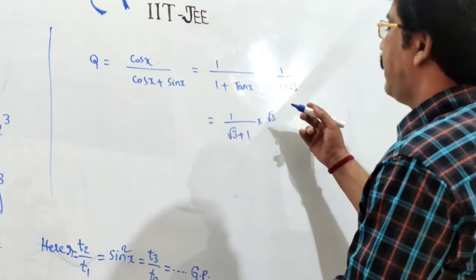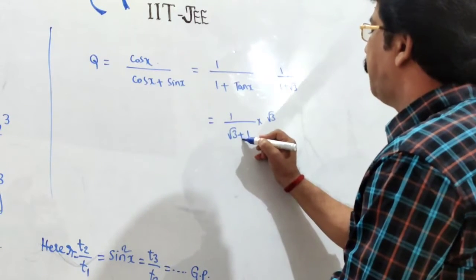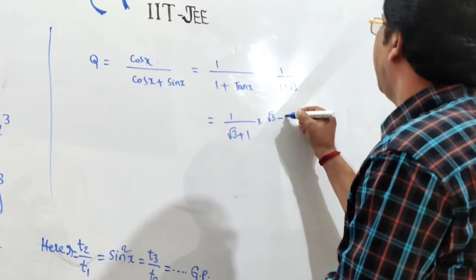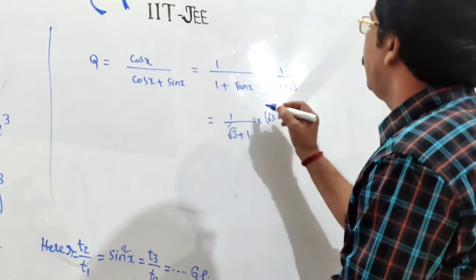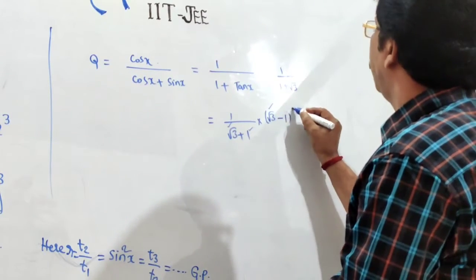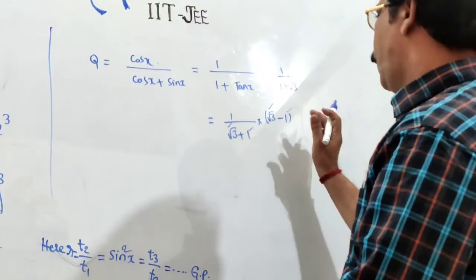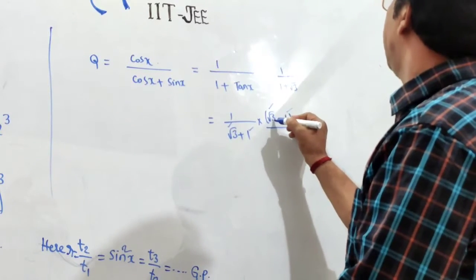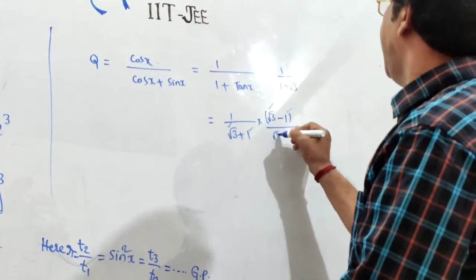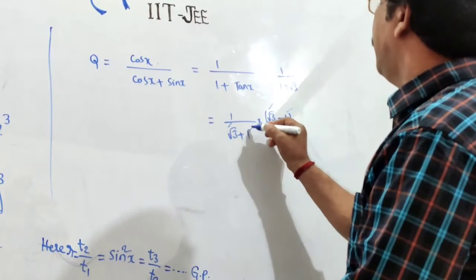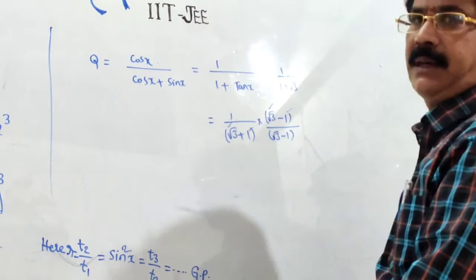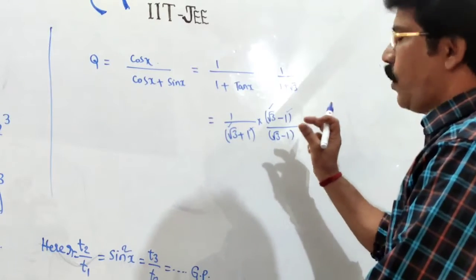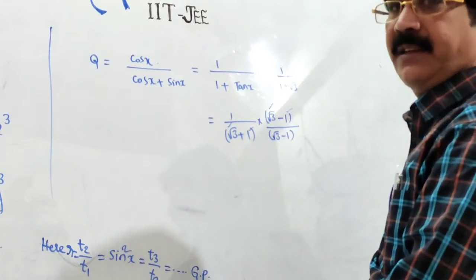In the denominator, a plus sign is there, therefore take minus, with root 3 and 1 the same. Understand? So we multiply by root 3 minus 1 and divide by root 3 minus 1. This process is called rationalization.